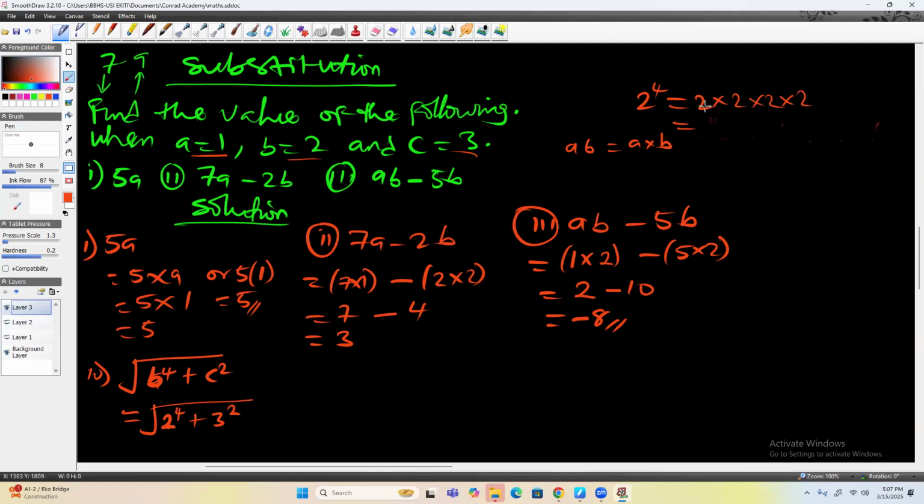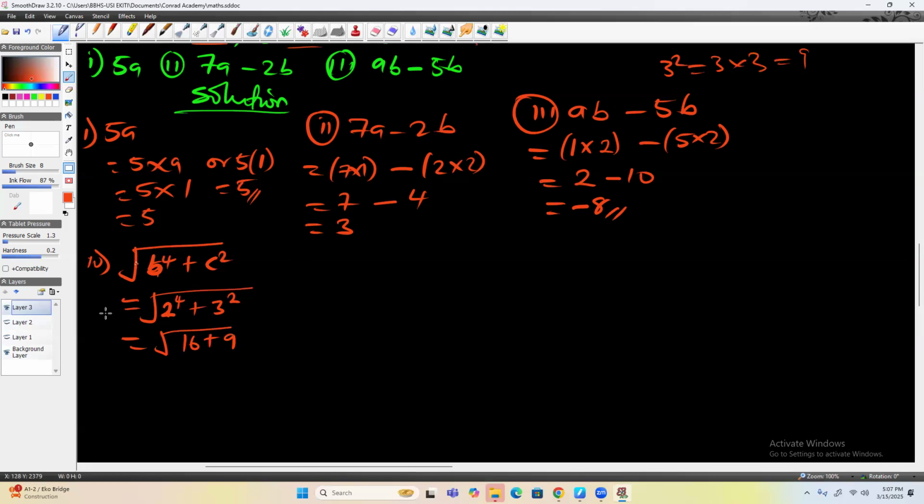So you go 2 times 2 is 4, times another 2, you have 8. 8 times 2 is 16. So I will be having that this is equal to the square root of 16 plus 3 squared, which is 3 times 3, which is 9. So we have plus 9.